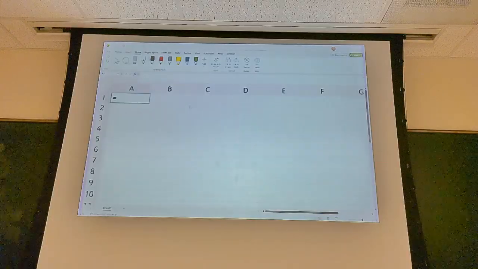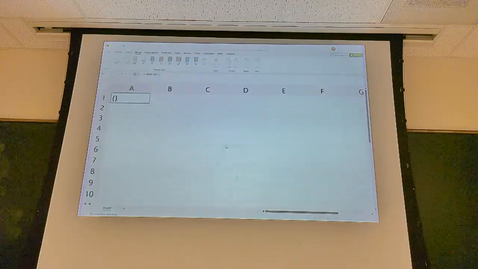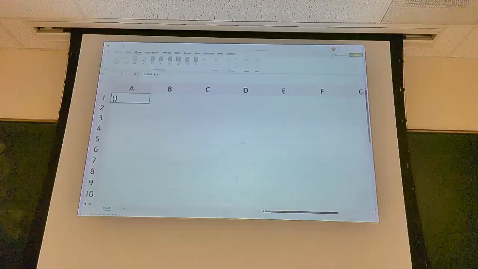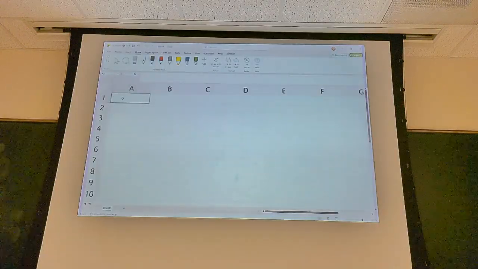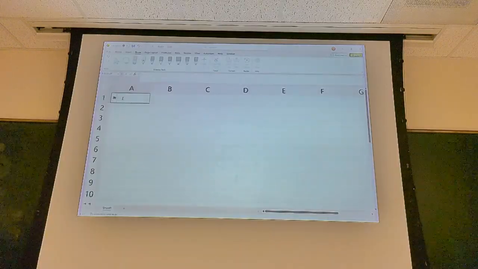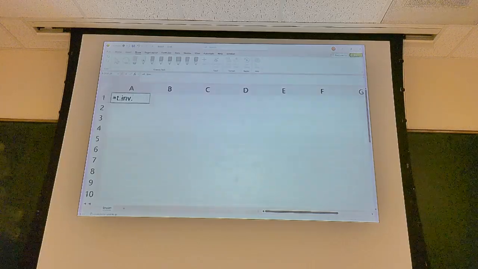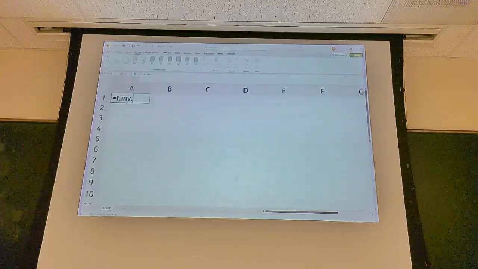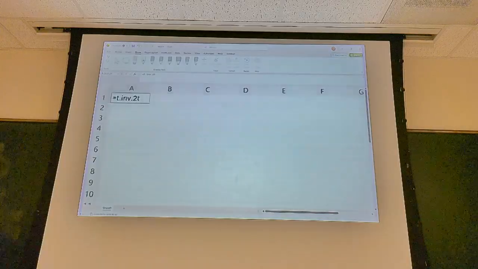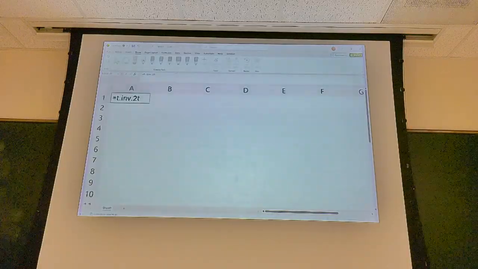Okay, that's probably easy. Okay, so you're going to have to do a bit more work here. We want T.INV.2T. The 2T is going to be two-tailed, which you don't have to worry too much about right now. Just understand that's going to be alpha over 2.